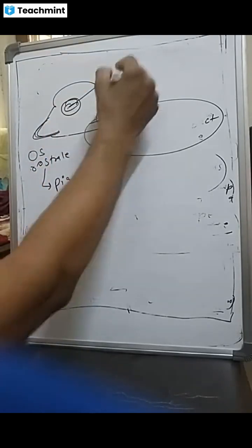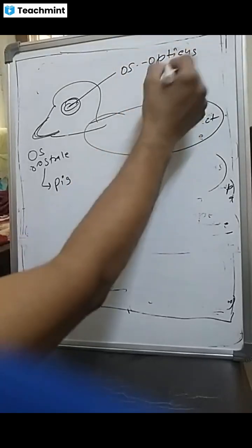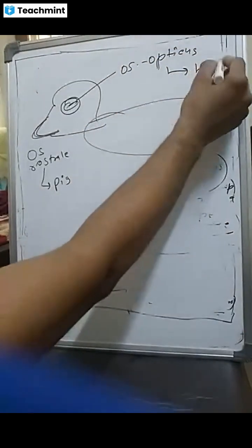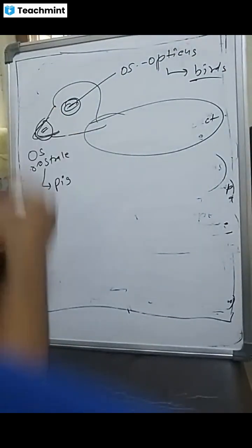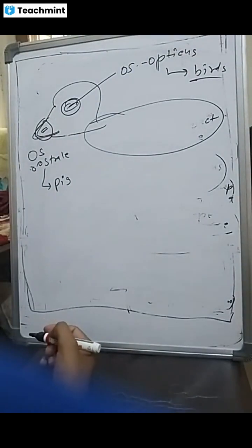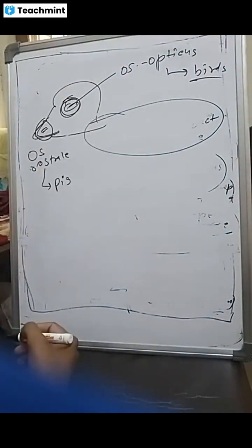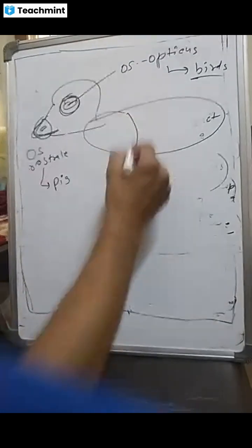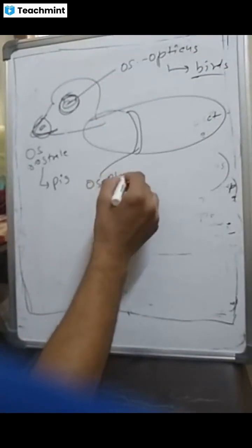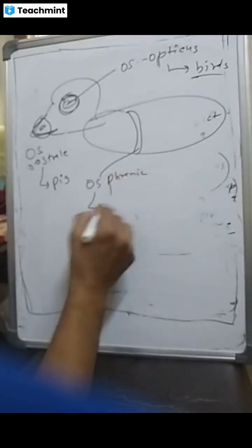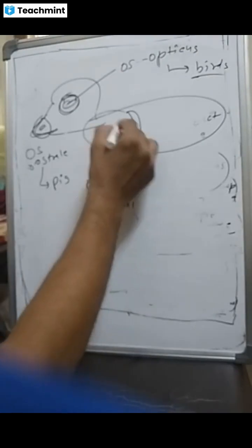Then with the eyes, os opticus, present in the bird. Then os phrenicum, present in the heart region.